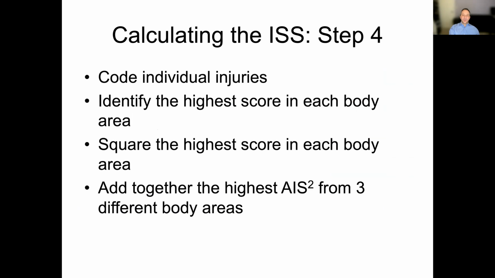And then to calculate the ISS, you take the highest AIS squared from 3 different body areas. So the ISS is only the composite of the 3 most severely injured body regions. And if there's a tie for one of those or more, then you just pick one because you can only have 3 body regions within the ISS.